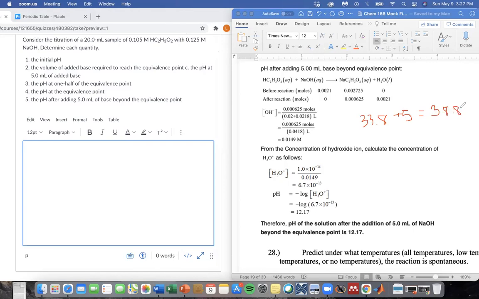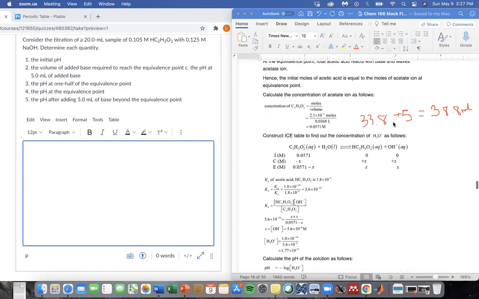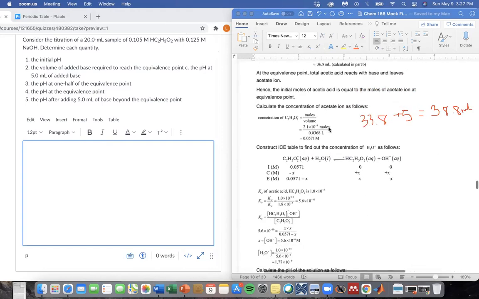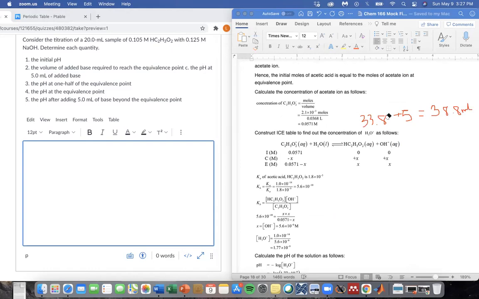Let me just make sure that's correct with what we had. Oh, sorry, it was 36.8. So 36.8 plus 5 would be 41.8 milliliters.